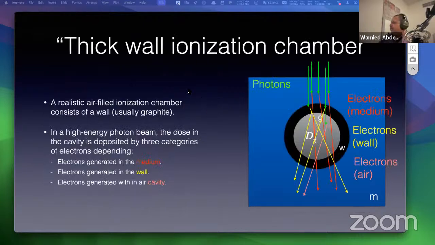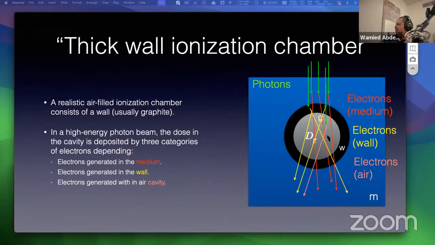So let's look at the situation now. We have photon beams, and this photon can interact with the medium, it can interact with the wall, and it can interact with the cavity.